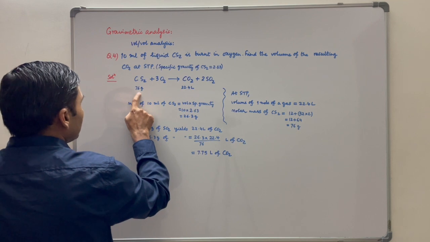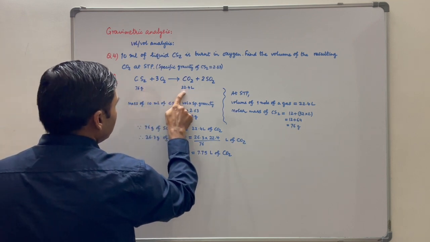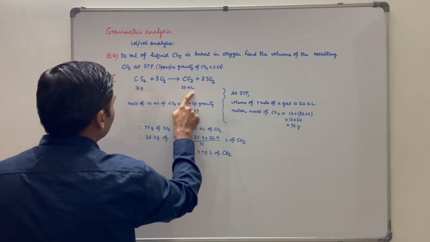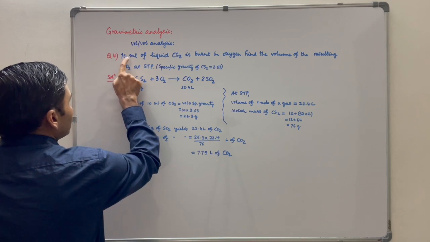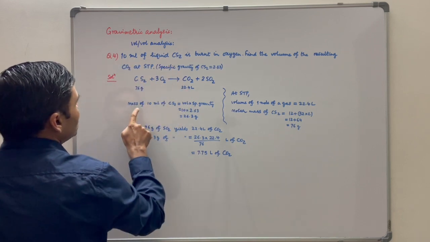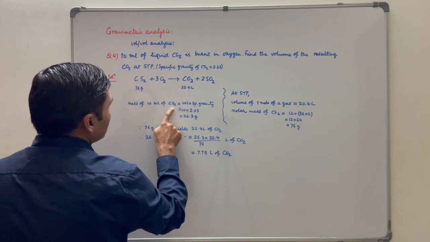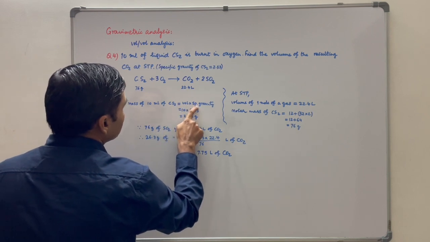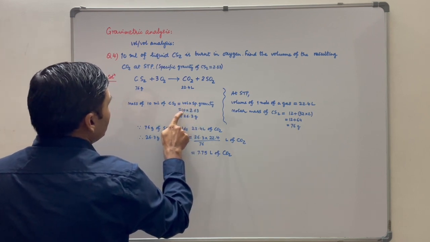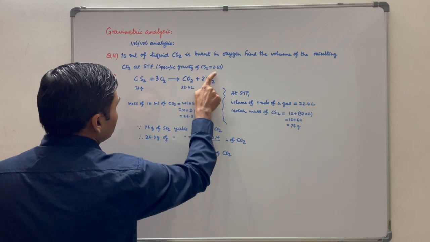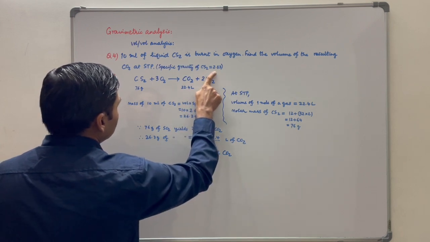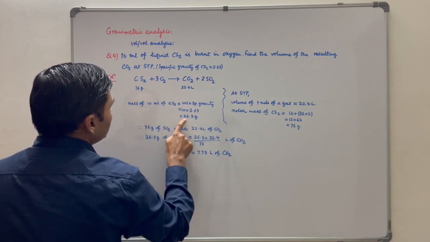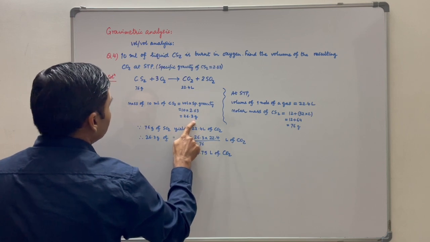It means 76 gram of CS2 produces 22.4 liter of CO2. We will calculate the mass of 10 ml of CS2. So the mass of 10 ml of CS2 is equal to volume into specific gravity. Volume is 10 ml into specific gravity is given as 2.63. So the mass of 10 ml of CS2 is 26.3 gram.